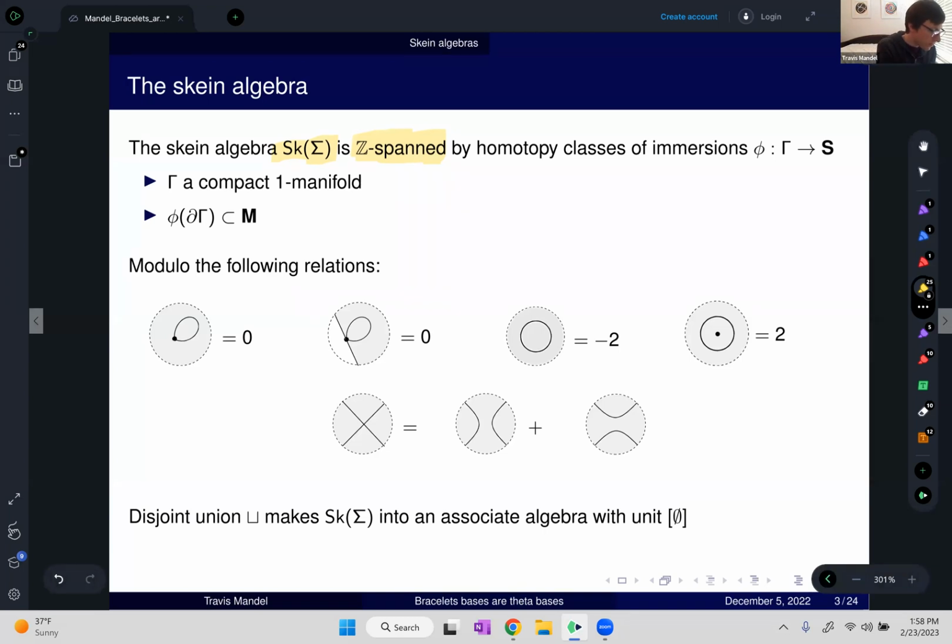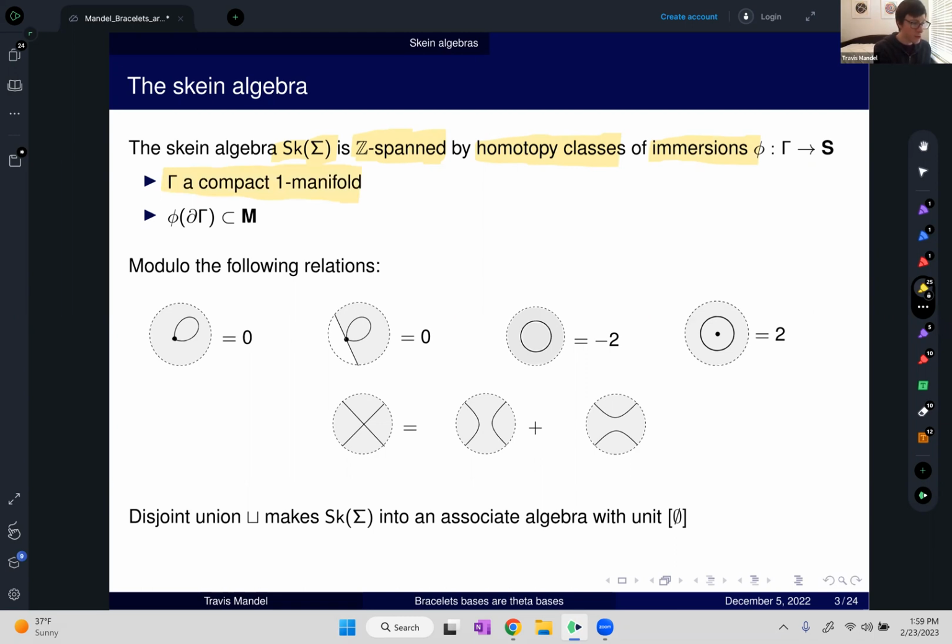So the skein algebra is spanned over the integers by homotopy classes of immersions of curves. So here, phi from gamma to S. This gamma is a compact one-manifold, so a finite union of closed intervals and circles.